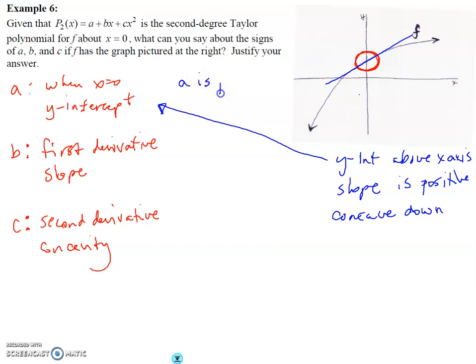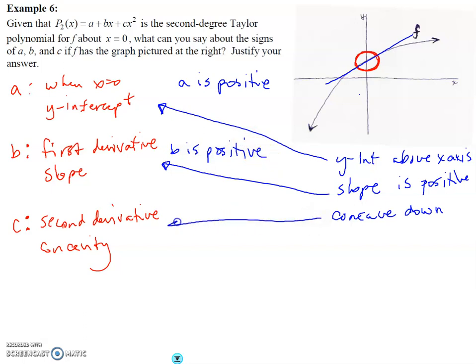So a is positive. That way we're answering the question in the way that they asked. Here it says slope is positive, so what I know is that b is positive. And then from our graph, we are concave down, which means that c is negative.